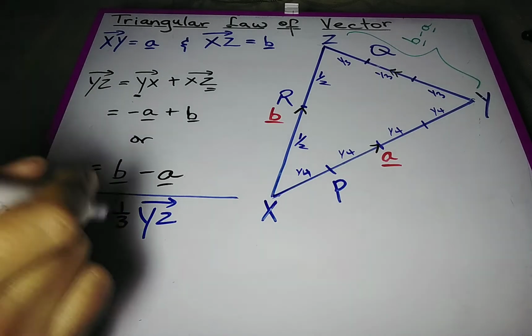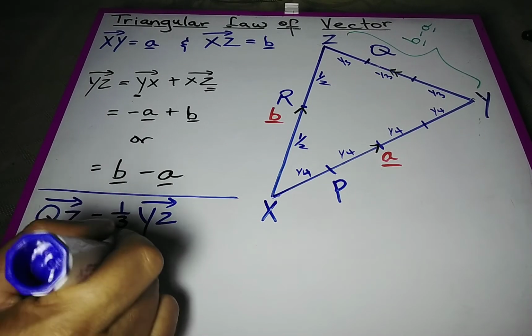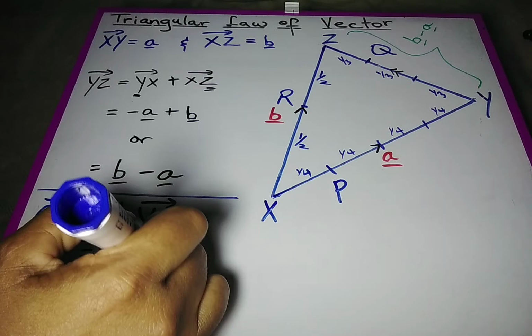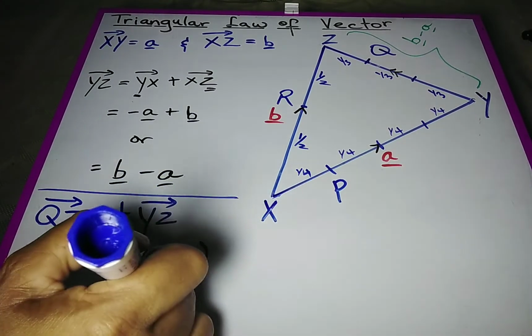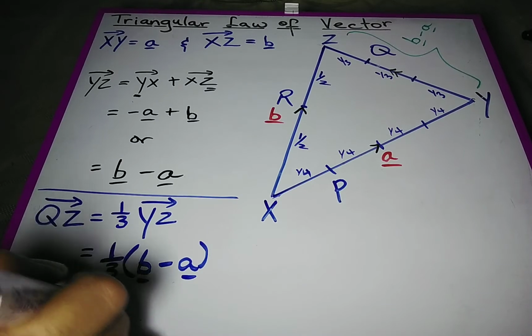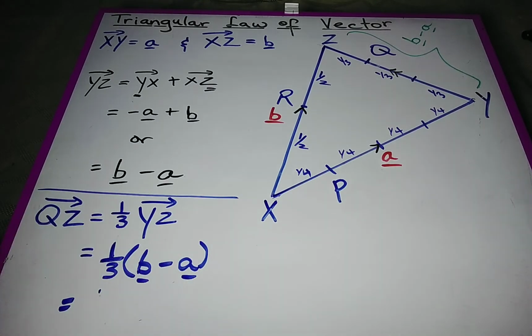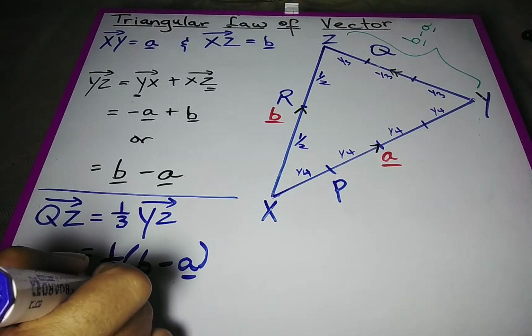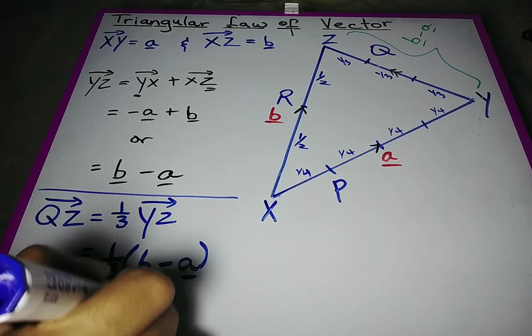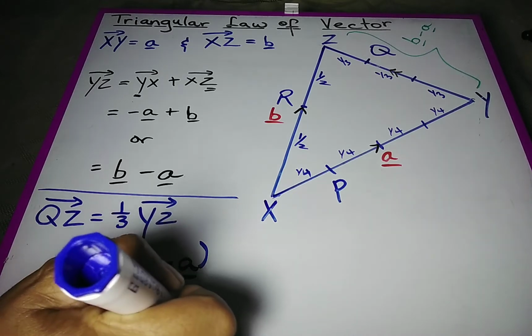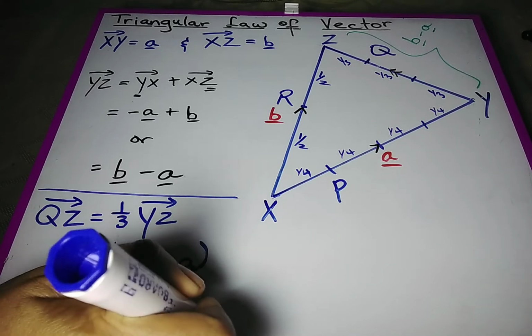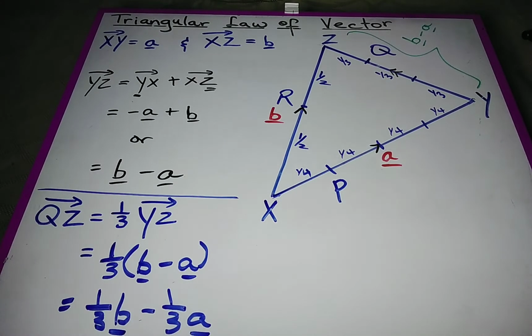YZ is equal to B minus A. So it's 1/3 B minus A, which is the same thing as 1/3 B minus 1/3 A. Easy cheesy.